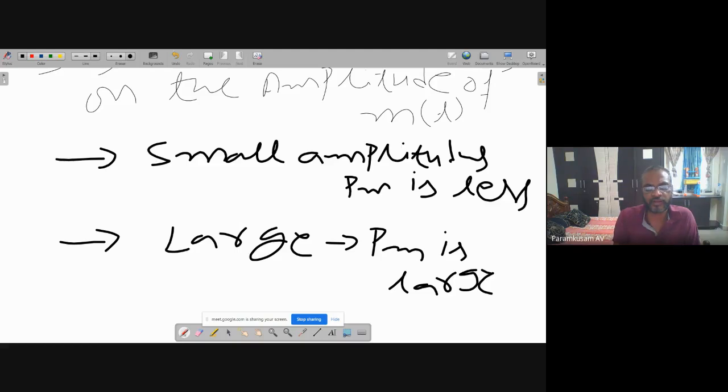Then how do you feel? Whether the amplitude is less or more, whatever it may be, the signal to noise ratio should be at a fixed value. So this is the disadvantage of uniform quantization. In order to avoid this disadvantage, we use non-uniform quantization.